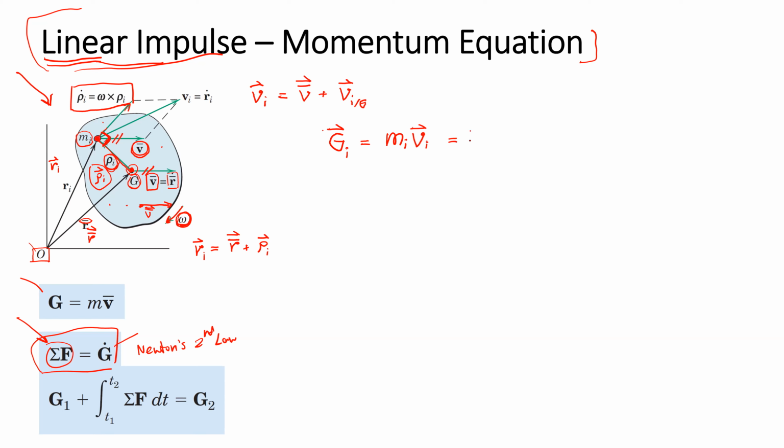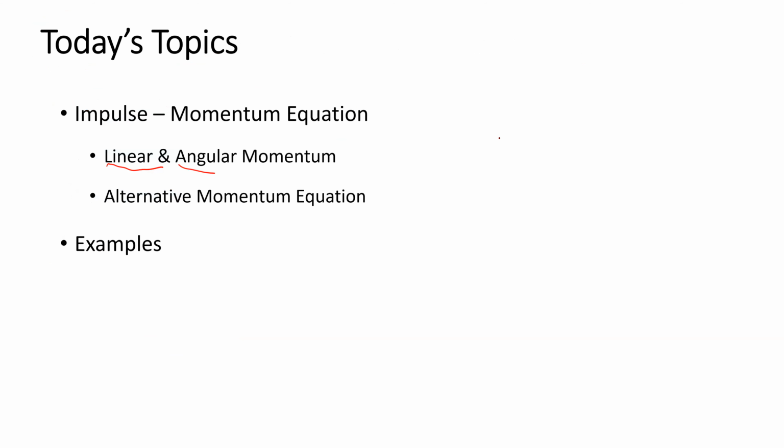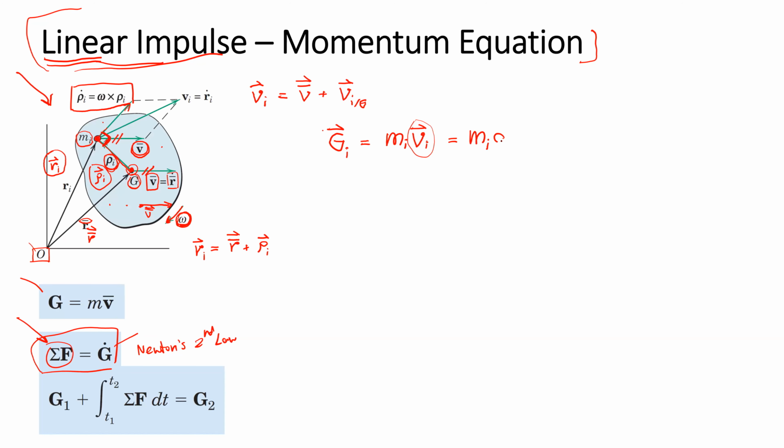And the velocity vector of the particle i is equal to the first time derivative of the position vector of that particle.